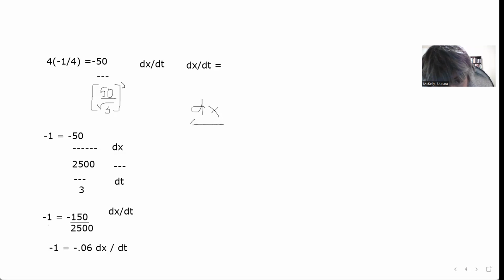And remember, we had 2 negatives. So we end up with a positive answer. Dx dt is approximately 16.67.